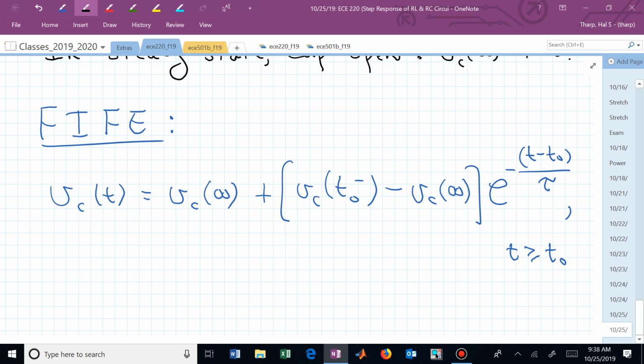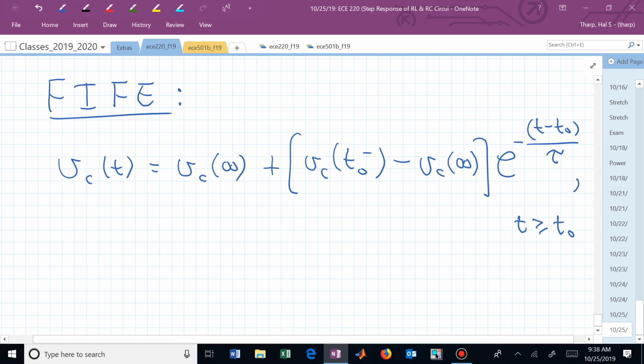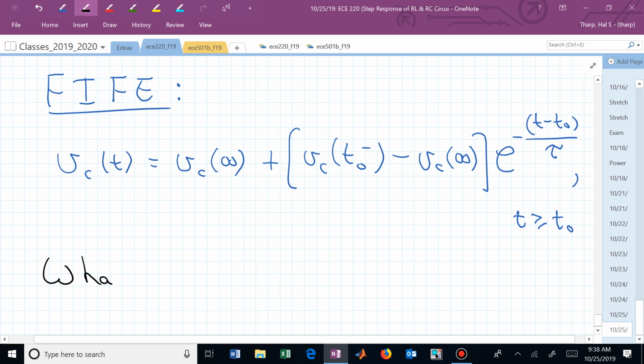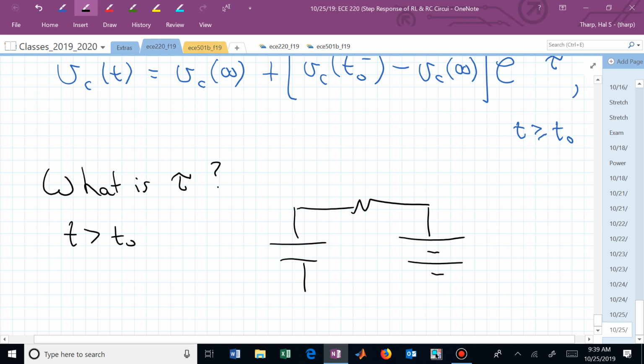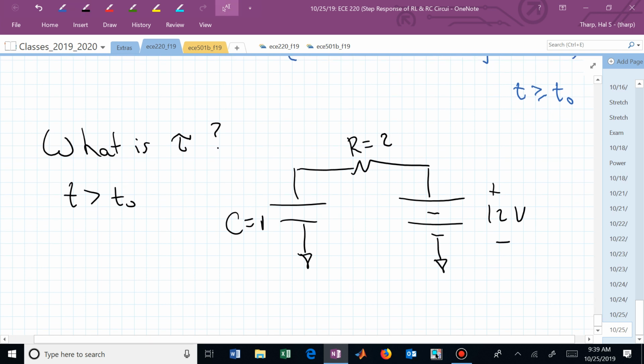We're almost there. What is tau? That's our time constant. And we need to find that for t greater than or equal to t0. We now have our circuit. How do we find tau?